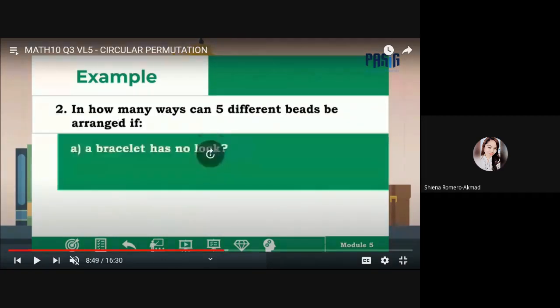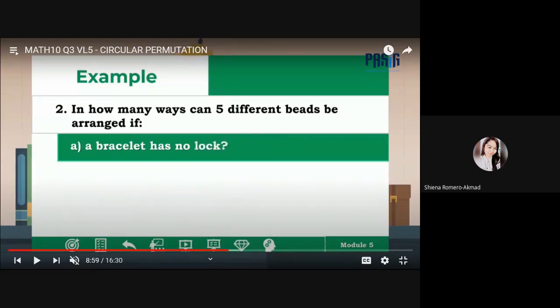Next, number 2. There are 5 beads. And you have to arrange them in a bracelet. But as you can see, there are two situations. Yung unang bracelet has no lock and the other one has a lock. So for letter A, paano kapag walang lock? Anong formula gagamitin?